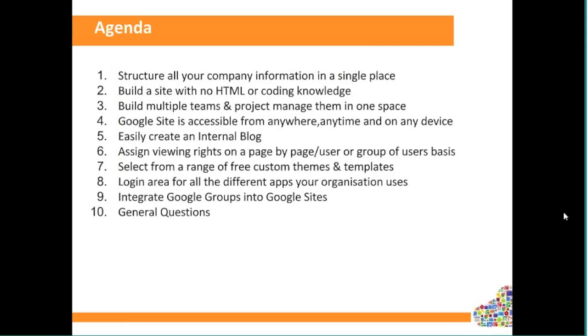So how to structure your company information, that no HTML is needed for the solution, how to manage teams, that it is accessible from anywhere, creating an internal blog for company information, assigning viewing rights to specific pages, creating a site using custom themes and templates, and creating a login area for all your apps within the organization, and integrating Google Groups into Google Sites, which is another solution from Google Apps for Business, which allows for collaboration. And then general questions that you may have.